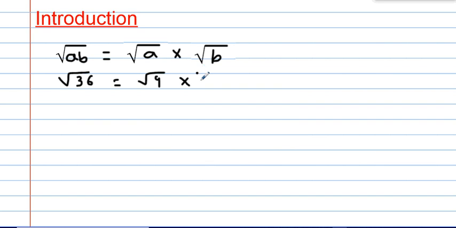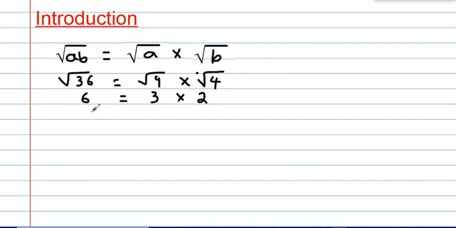If you notice, they are both squared numbers. So root 36 is 6, because 6 times 6 will give you 36. And the square root of 9 is 3, and the square root of 4 is 2.